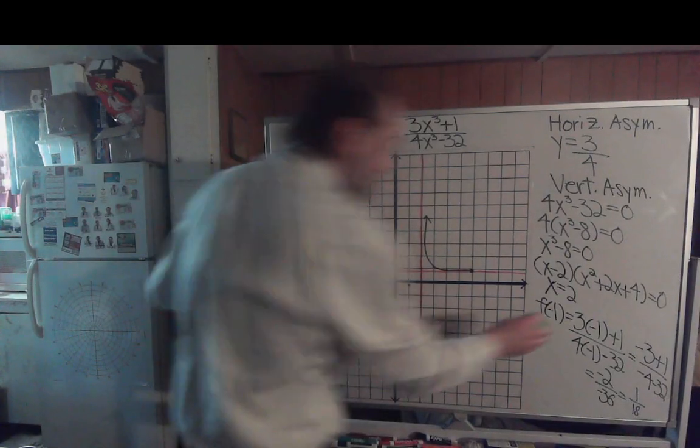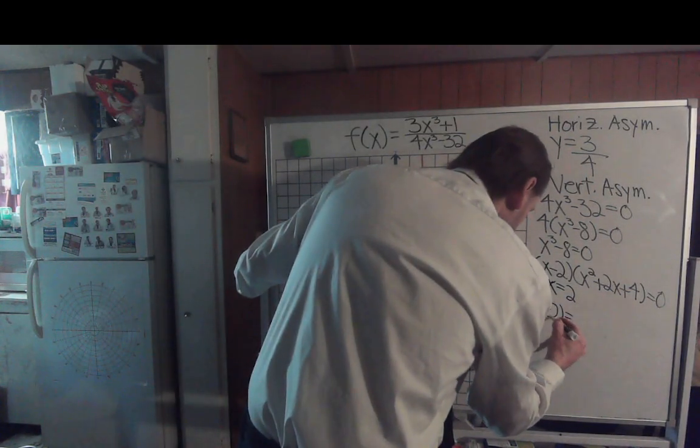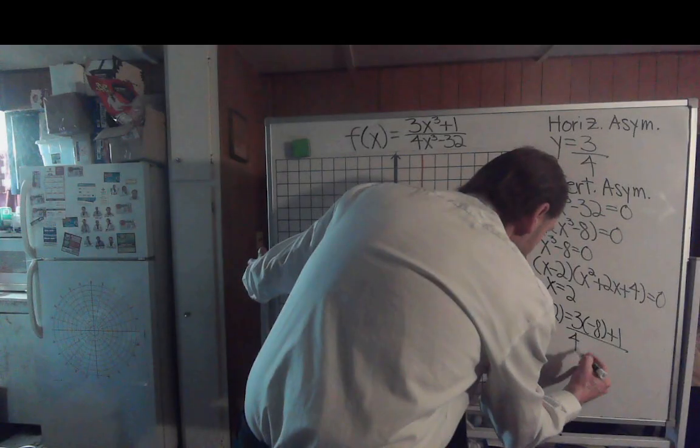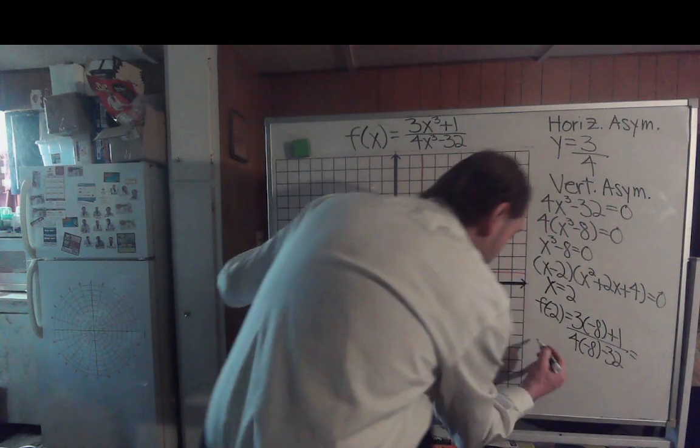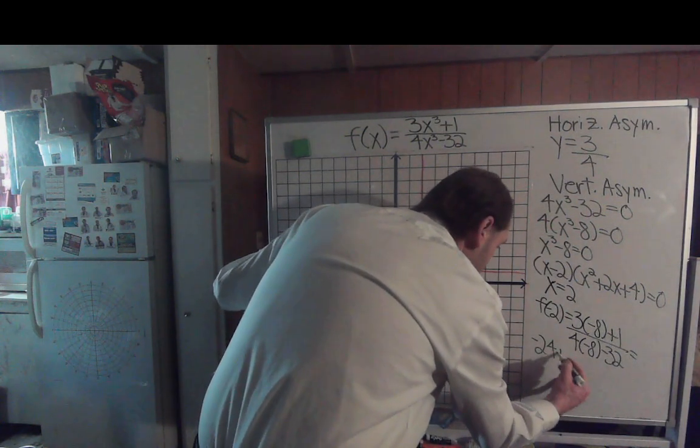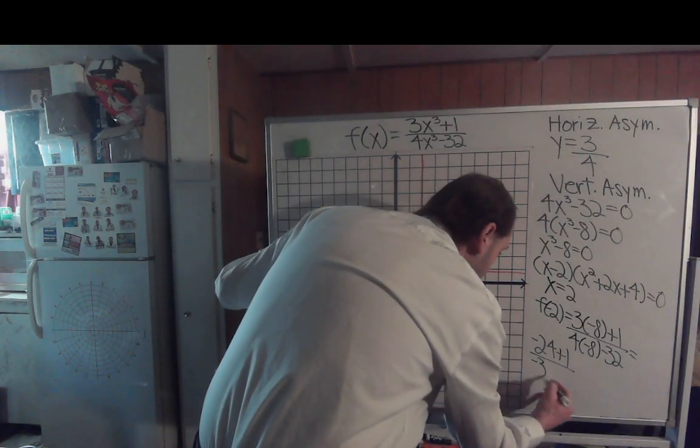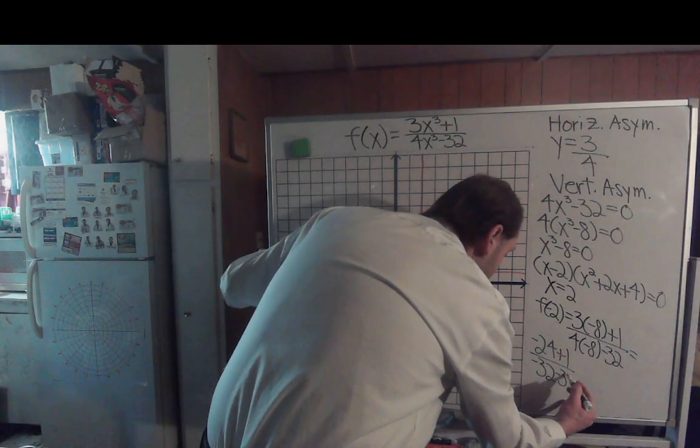And let's go for f of negative 2. Why don't we do that? For good measure, we'll do it one more time. So f of negative 2, that would give you 3 times negative 8 plus 1, all that divided by 4 times negative 8 minus 32. Well, that would give you negative 24 plus 1 divided by negative 32 minus 32.